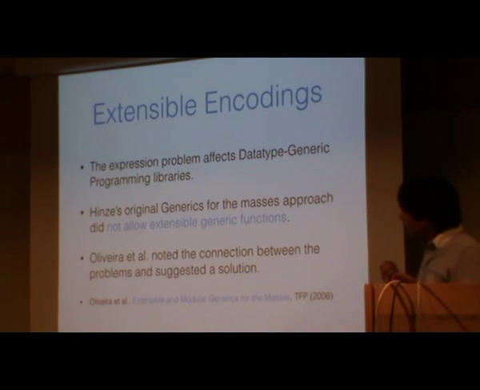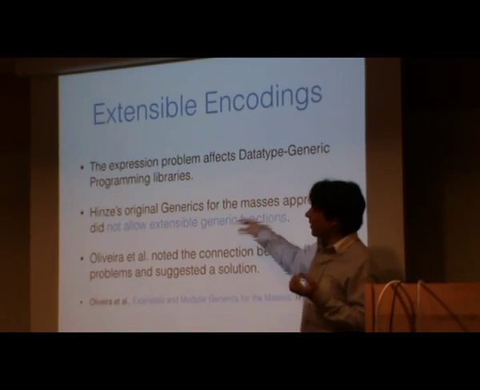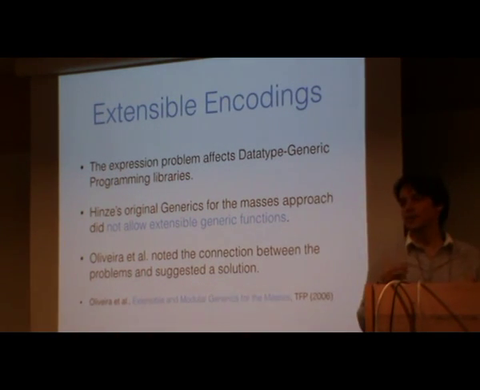Okay, and in particular, one of the problems with Rolf Hinze and many other approaches to data type generic programming, it was that they didn't allow extensible generic functions. So what does this mean? So you could write, for example, a serializer generically. So you can write a data type generic function that serializes some data type.